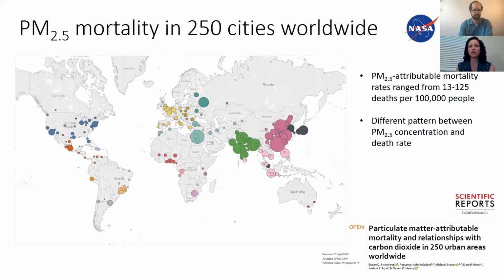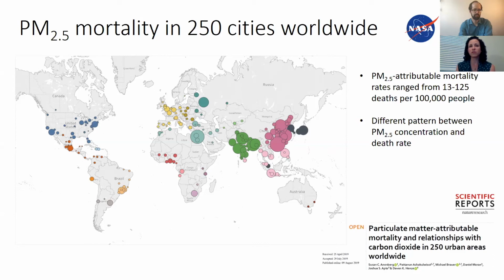You can see here that the bubbles are largest in some of the most populated cities of the world, in China and in India. And the size of the bubbles corresponds to the total PM2.5 mortality occurring in these cities.